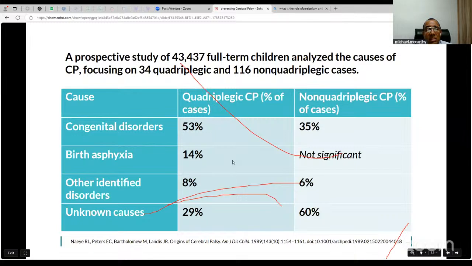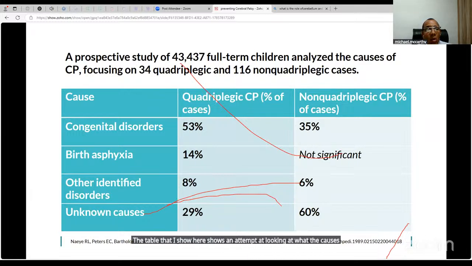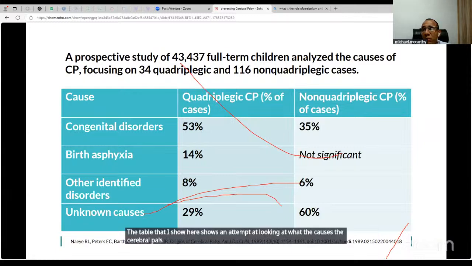The table that I show here shows an attempt at looking at what the causes of the cerebral palsy in a number of children are, taking 34 quadriplegic and 116 non-quadriplegic cases.